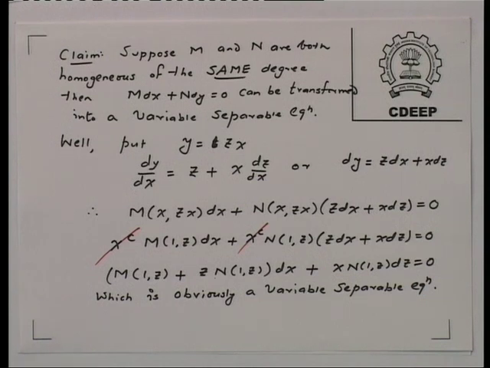And that will simplify as, with all the z terms grouped together, M of 1 comma z plus z N of 1 comma z dx plus x N of 1 comma z dz. Is it correct? The second last line in the slide, which is a variable separable equation.